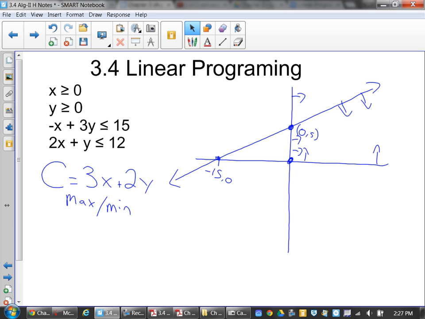Put in the next one. What's your x-intercept of the last equation? 6. And what's your y-intercept? 12. Good. Is it okay that I'm not marking them off? Absolutely. Don't do it. Just place it.